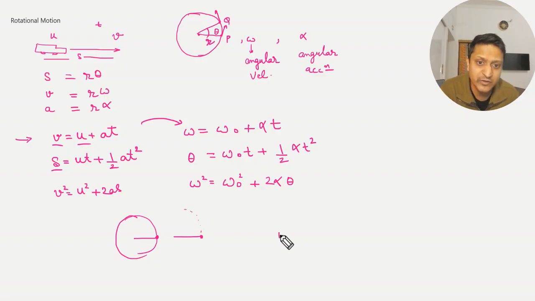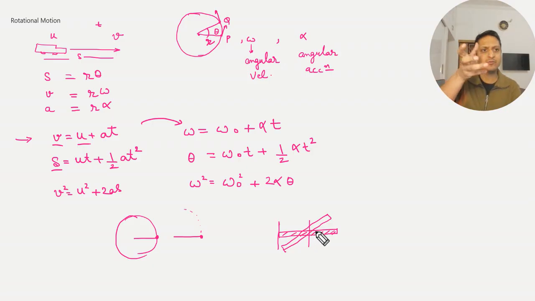Whereas in rotational motion we have a rod like this. This rod can move about this axis also, or this axis also. So it would be moving like this, not like this. The whole of the body will be rotating.